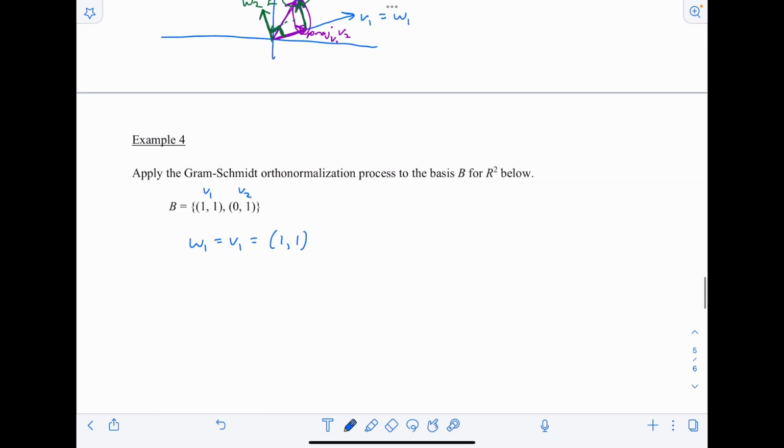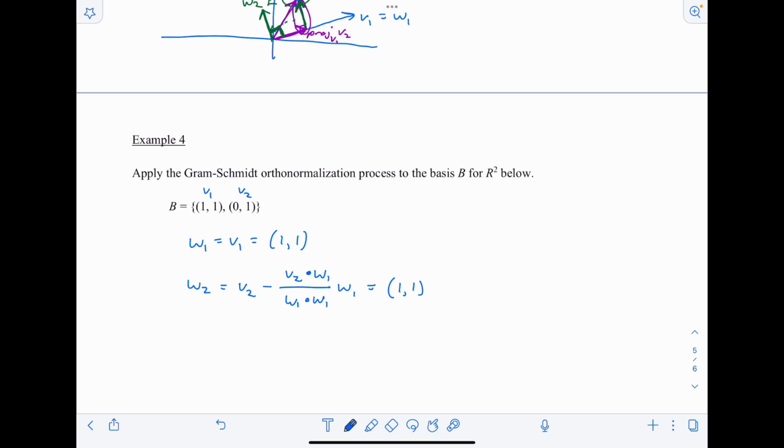So in other words, W2 is V2 minus the dot product of V2 and W1 divided by the dot product of W1 and W1. And then we're going to multiply that by the vector W1. So in this case, V2 is (0, 1) and W1 is (1, 1).